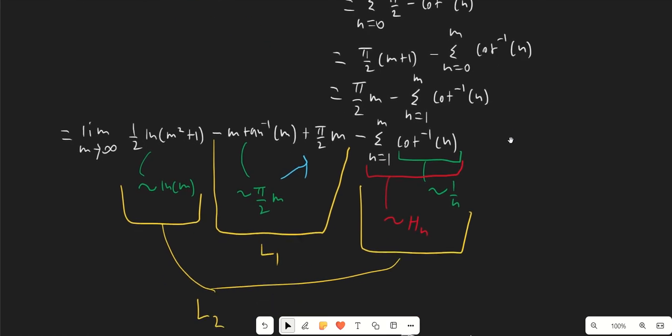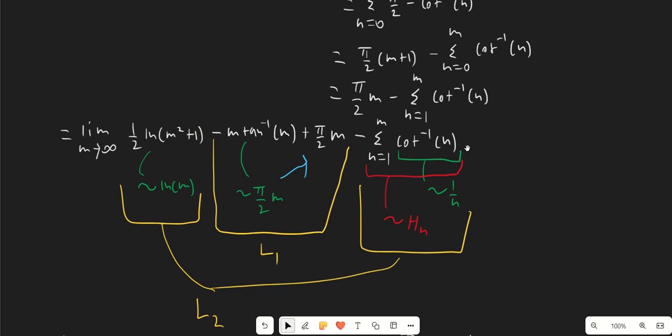So now, ignore all these colors for a moment, but this is our limit at the moment. We have the limit as m goes to infinity of 1/2 natural log of (m squared plus 1), minus m tan inverse of m, plus pi over 2 m, minus the sum from n equals 1 to m of cotangent inverse of n. So, this looks really, really nasty, but there is actually a really easy way to deal with this.